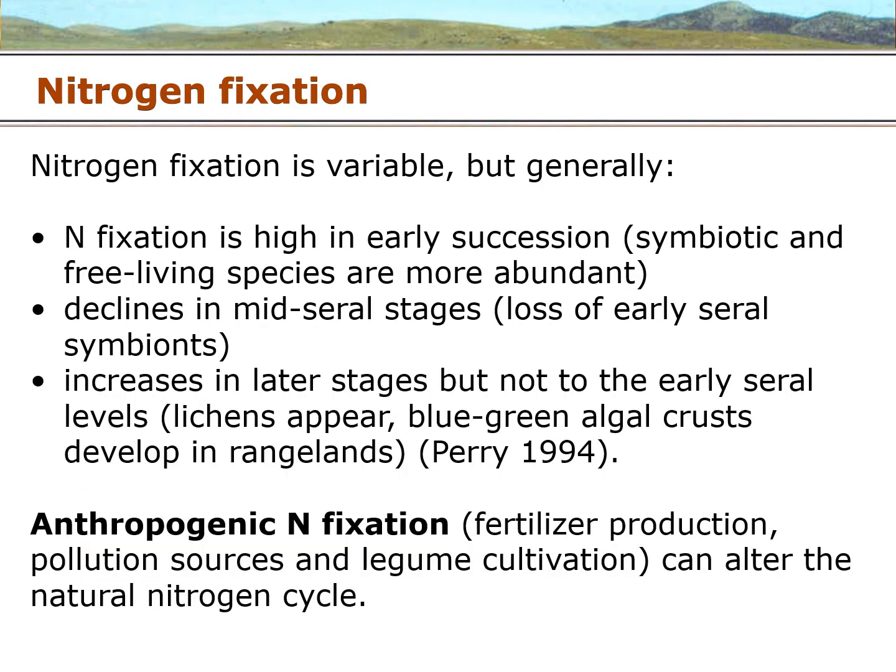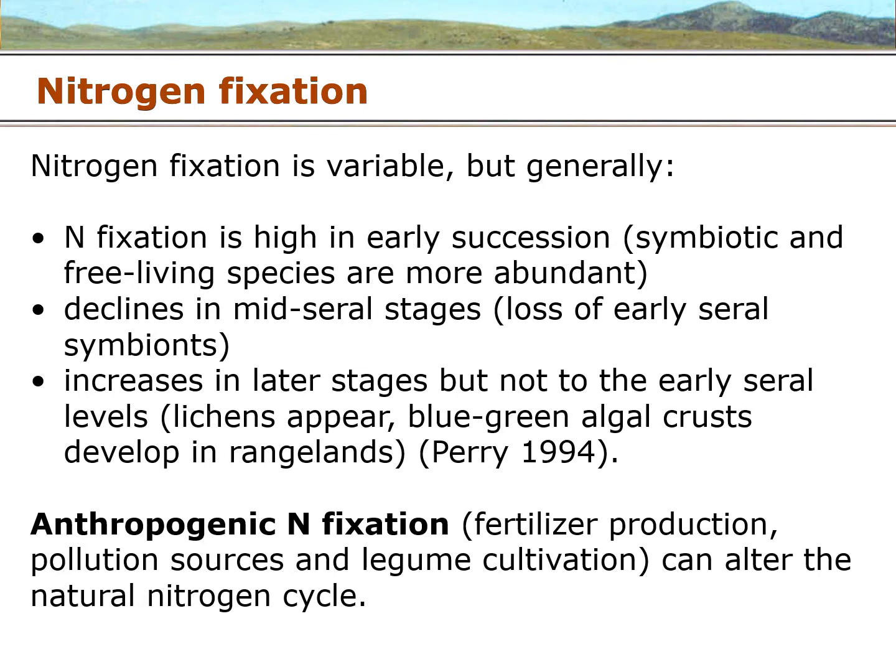As related to succession, nitrogen fixation is variable, but generally nitrogen fixation is high in early succession, where symbiotic and free-living diazotrophs are more abundant. Then the fixation declines in mid-seral stages, with loss of these early seral symbionts, and then again nitrogen fixation increases in later stages of succession, but does not approach the levels that occurred in early succession.